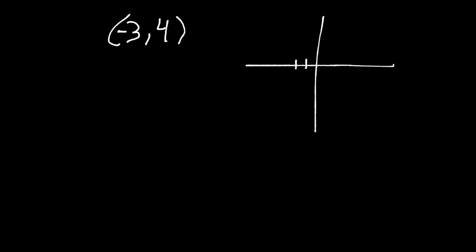I've got -3 going back, +4 going up, and my point's going to be something like that. We're going to connect that point to the origin, and then we are also going to connect that point to the x-axis.